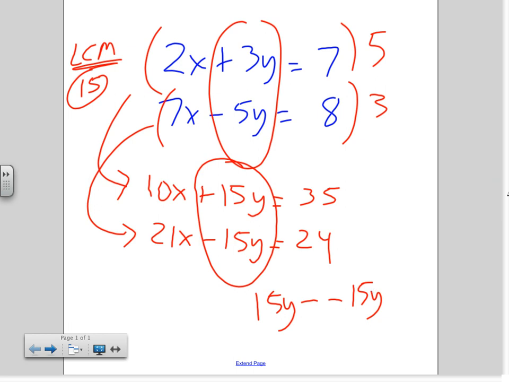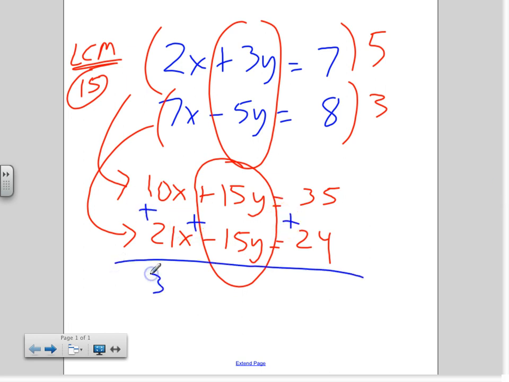You have to choose the operation that will get rid of your column, not making it more or less. Okay? So if you notice that every time you see opposite signs, what operation do you use to get rid of them? Addition. And if you see the same sign, you would use subtraction. And that's the pattern. So in this case, I'll be using addition, addition, addition throughout the problem.